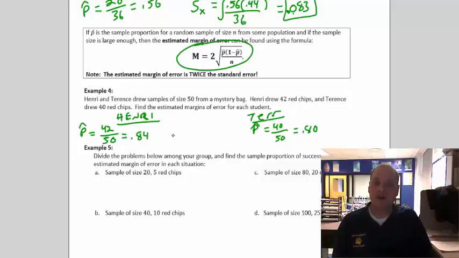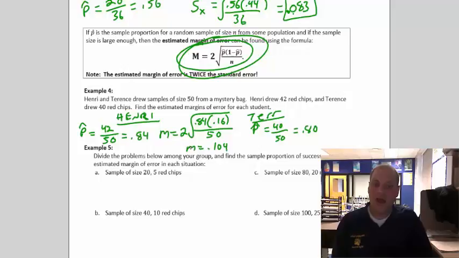Now let's find the margin of error. We're just using the formula. Just practice using this formula right here, okay? 2 times the square root of p hat times 1 minus p hat, that would be 0.16 in this case, divided by the sample size 50, and that's going to be 0.104.